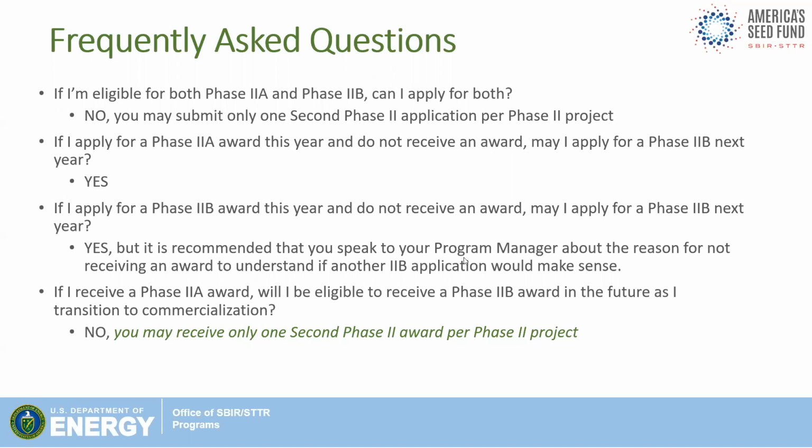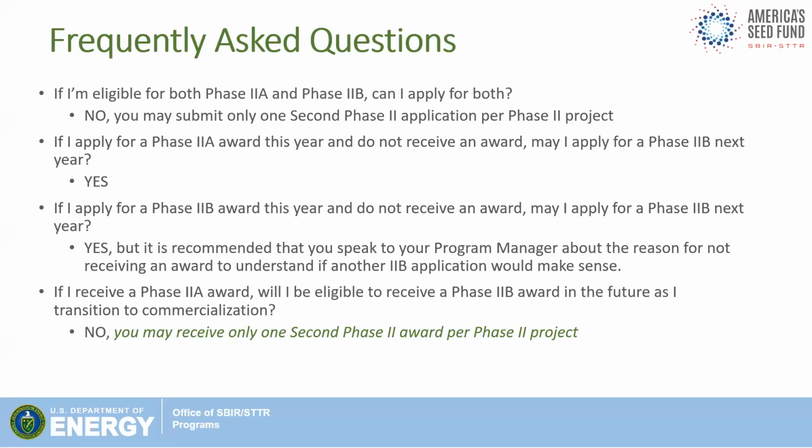But please speak to your program manager about the reason for not receiving. Make sure you understand the reason for not receiving a phase 2B award last year, to make sure that you can at least figure out if you can address whatever that issue is. And you can only receive one second phase 2 award. So if you get a 2A award, you're not eligible to submit a 2B application in the future.